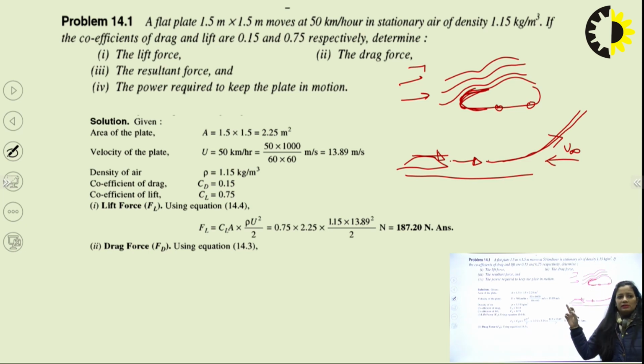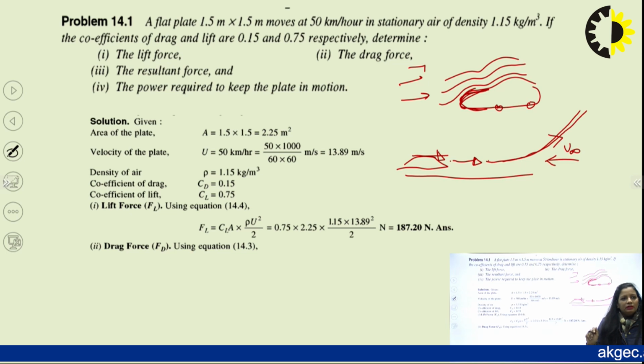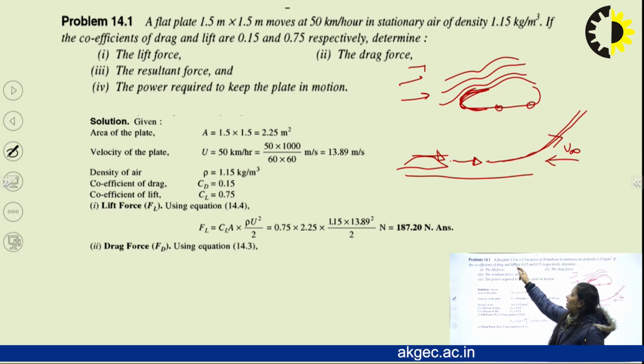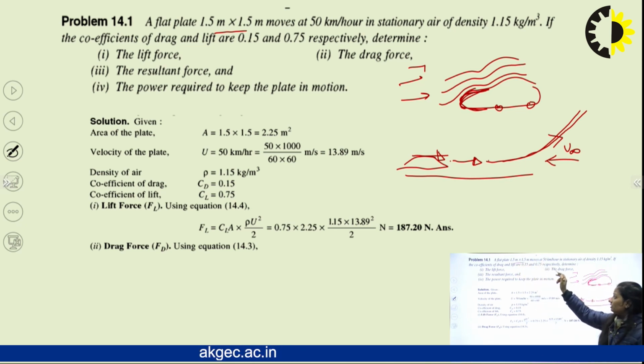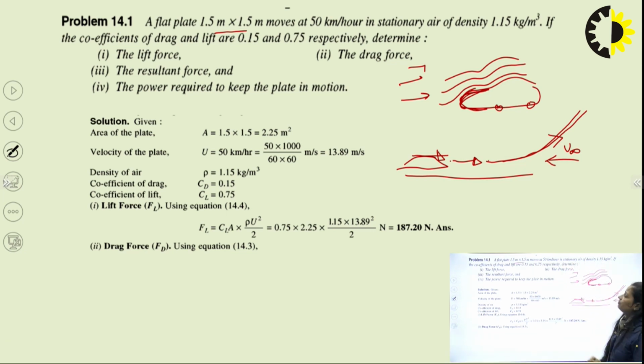So let us suppose this is example 14.1 of your book, R.K. Bansal, Fluid Mechanics. Here it is written: a flat plate 1.5 m cross 1.5 m moves at 50 km per hour in stationary air of density 1.15 kg per meter cube.